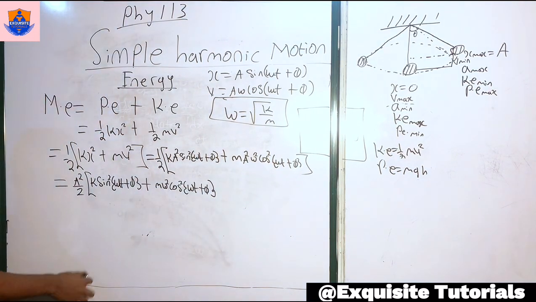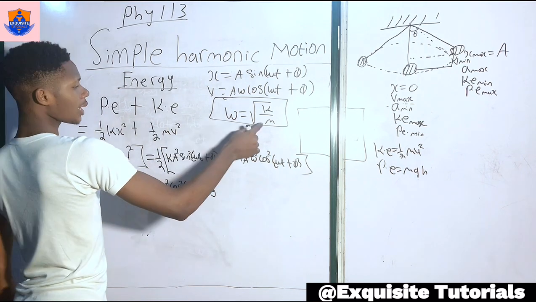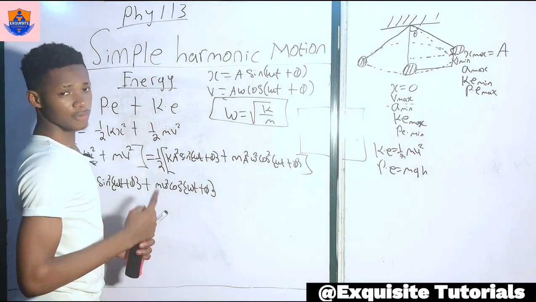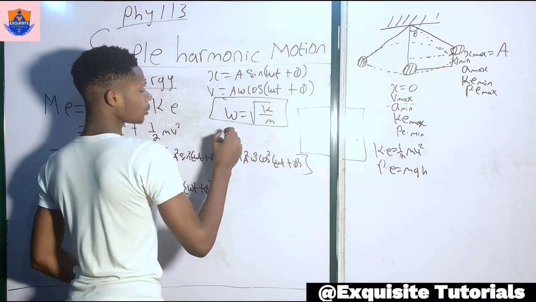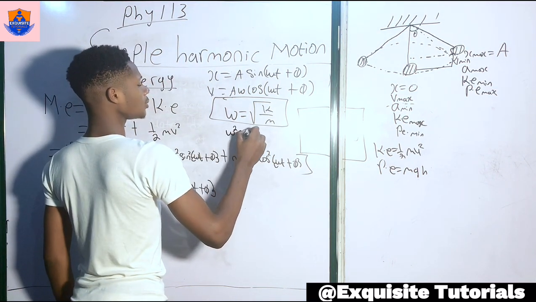Now, let's choose to get omega squared m. To get it, we first square both sides and then multiply both sides by m. When I do that, I obtain omega squared m is equal to k.